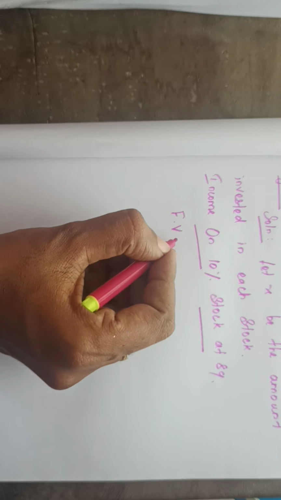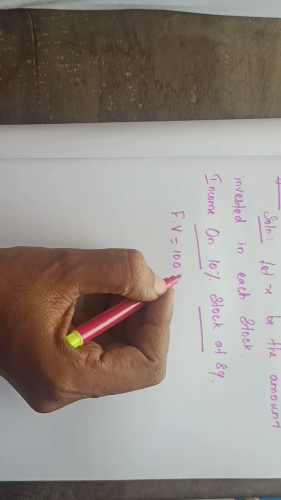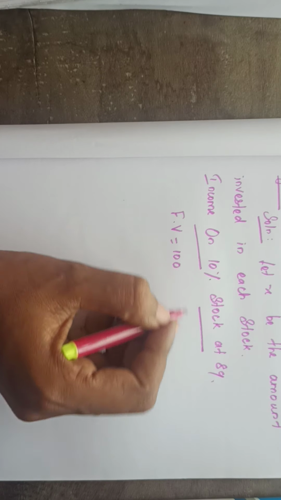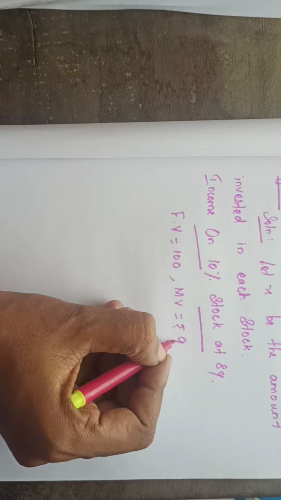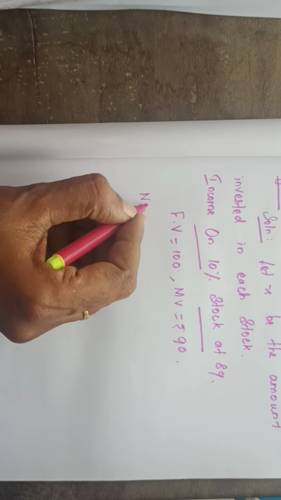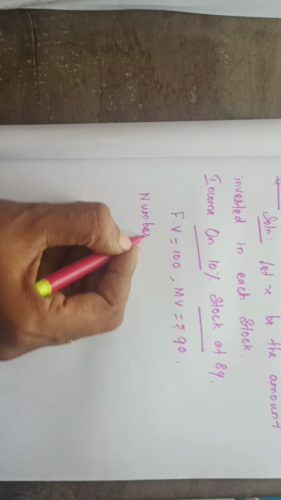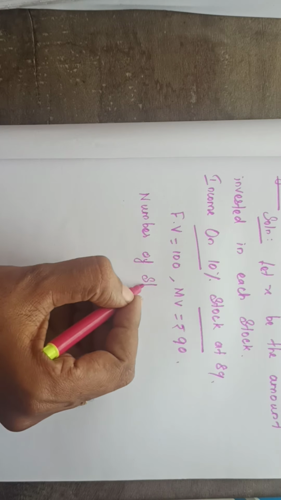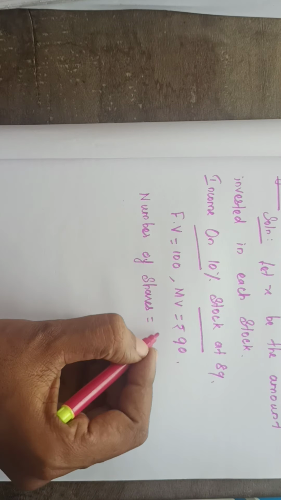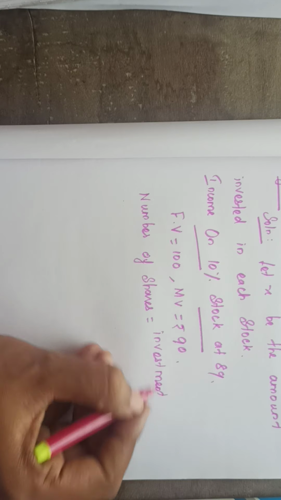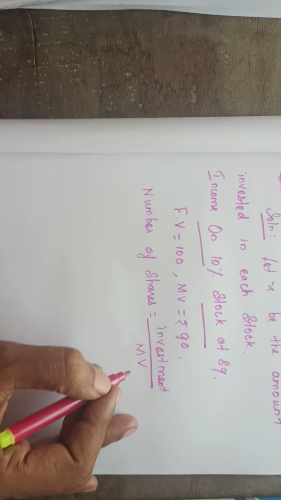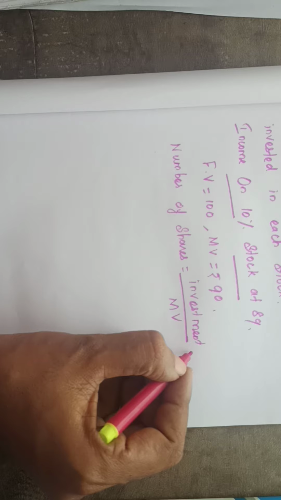That can be written as FV equal to 100, as the face value is rupees 100. Then market value, that is MV, is equal to rupees 90, it's given. So number of shares, what is the formula for number of shares? It is equal to investment by market value.